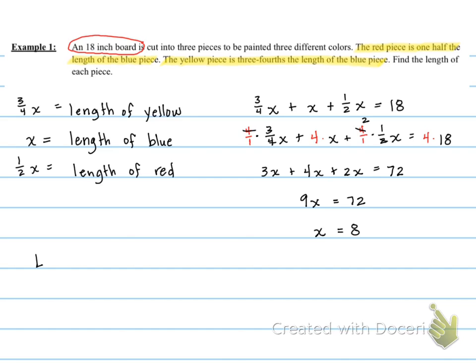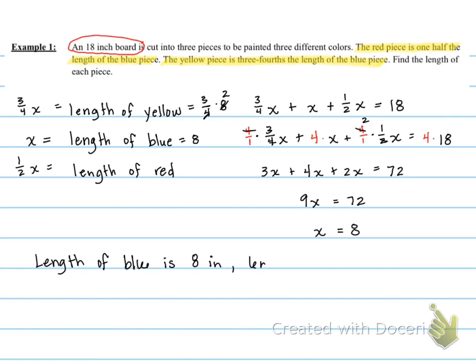So length of blue is 8 inches. Then the length of the yellow piece is 3/4 times 8. We can do that just like we did the calculation when we cleared fractions. So I've got 8 divided by 4, which is 2 times 3 is 6.